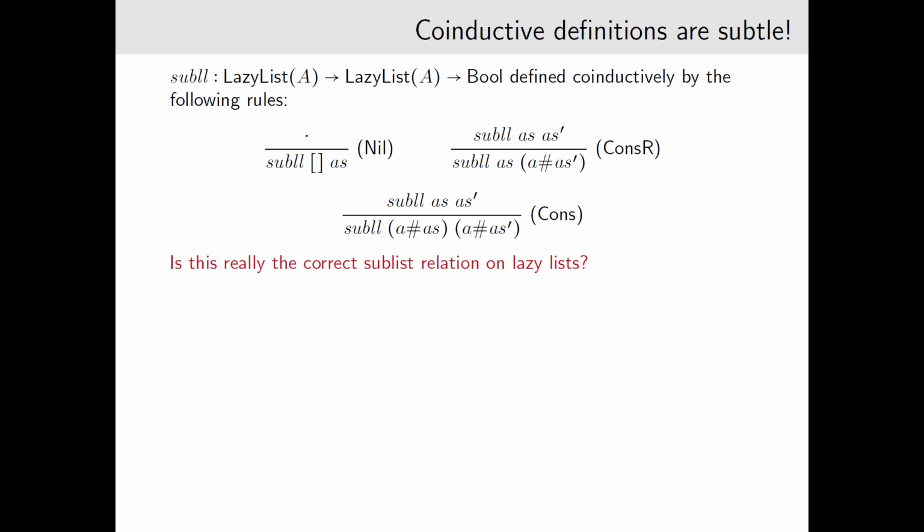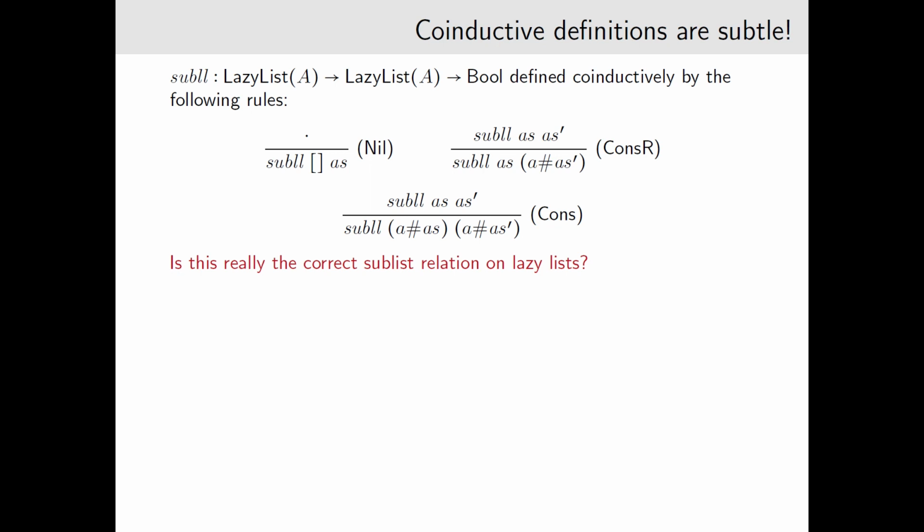We did analyze the sublist relationship on lists, and we concluded that there are some properties that we do want to have, but we haven't analyzed critically whether we defined the concept that we wanted. So yeah, everything is fine.